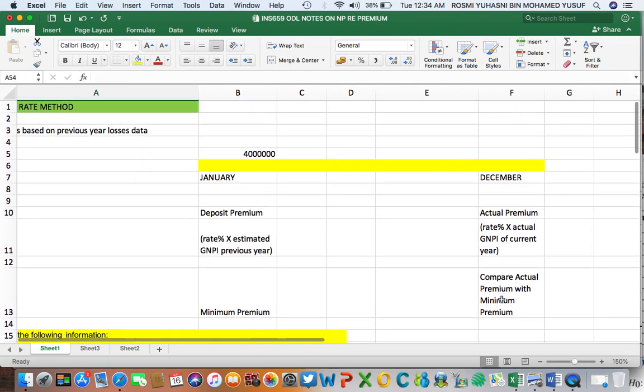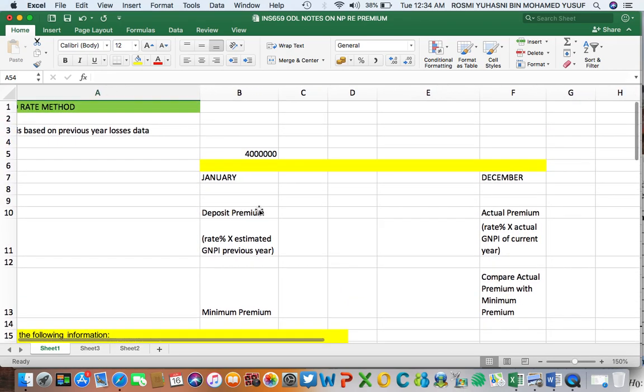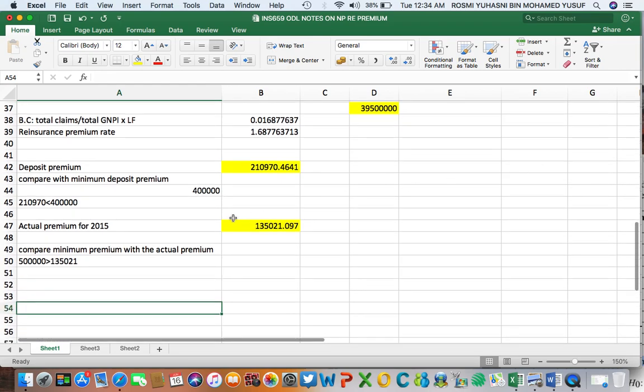Okay, the minimum premium is the premium that the reinsurer demands from the insurer at the end of the year. So if the reinsurer says that they require at least 500,000, the insurer will have to pay 500,000. But the actual premium is 135,000, which is less than the minimum premium.